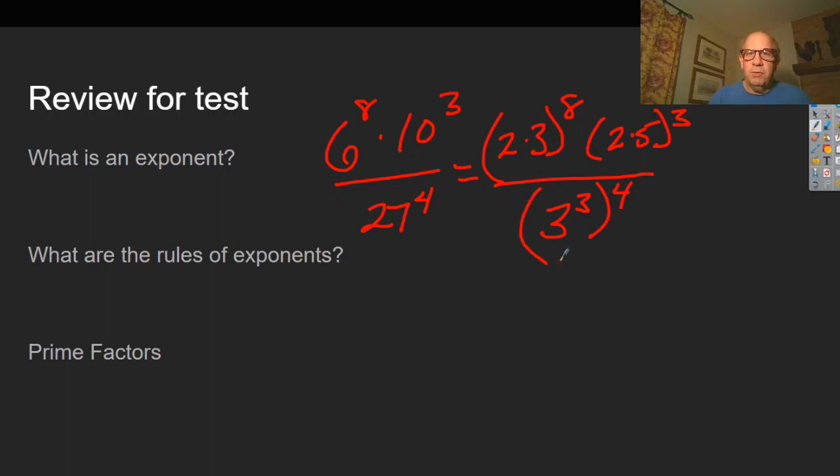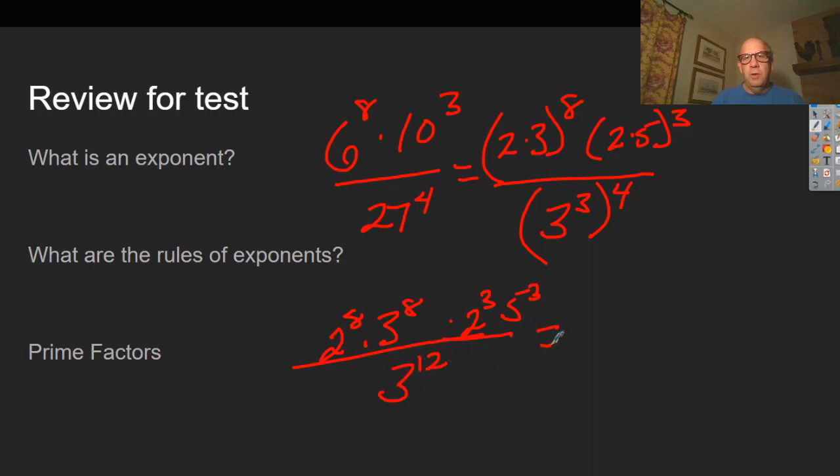So we've got a couple of these laws of exponents in here. If I have two numbers being multiplied and they're raised to the same power, then each one can be raised to the same power. So 2 times 3 to the 8th power is 2 to the 8th power times 3 to the 8th power. And then 2 times 5 to the 3rd power would be 2 to the 3rd power times 5 to the 3rd power. And then 3 to the 3rd to the 4th would be 3 to the 3 times 4, because when you raise a power to a power, you multiply. So 3 times 4 is 12, so that will be 3 to the 12th power.